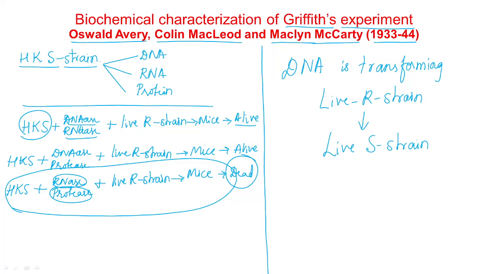Is that clear? Live R strain bacteria into live S strain bacteria. This exactly was concluded by the biochemical characterization of Griffith's experiment by these three scientists. Okay. Thank you.